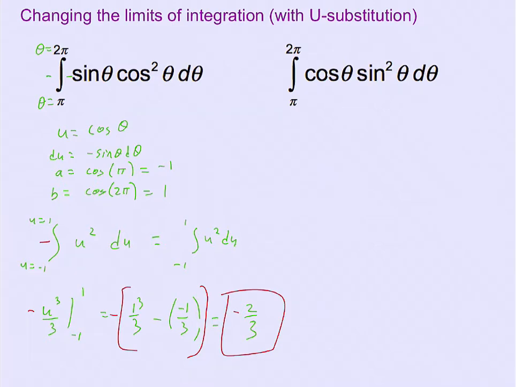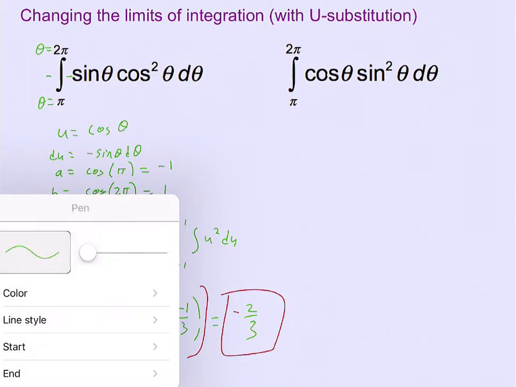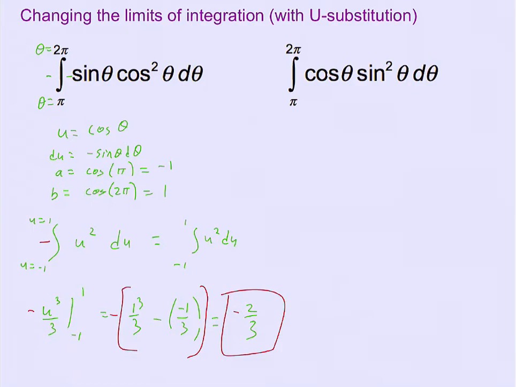One more time. Quickly, we'll show you how this works. Do the next one, which looks awfully similar, but this time the u is sine of theta, and my du is cosine of theta d theta, which means since I'm changing my limits of integration to be in terms of u, I need to take the old limit of integration, the pi, plug it into my u to get my new lower limit of integration, and I'm going to take the old upper limit of integration, the old b, and plug it in to my u to get my new upper limit of integration, which interestingly enough is still 0.